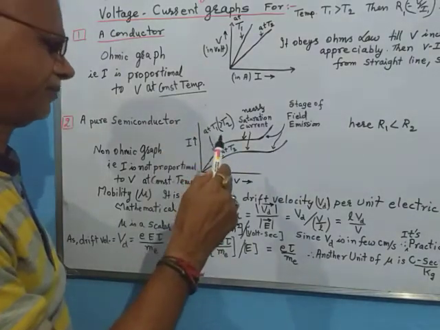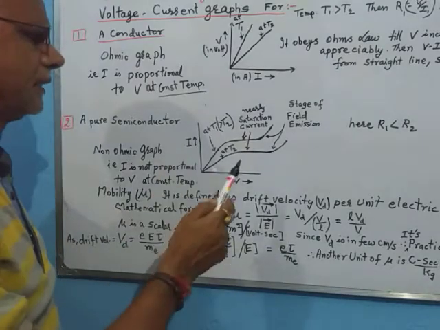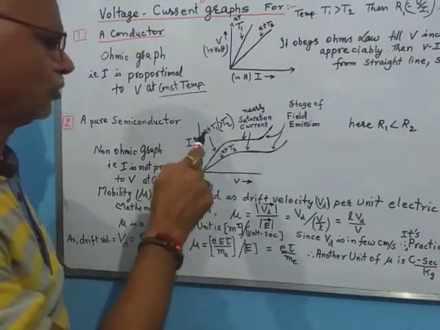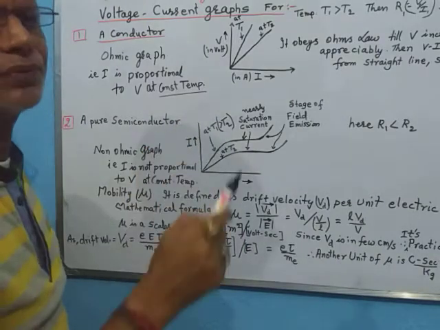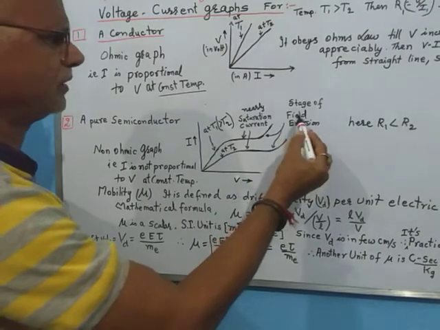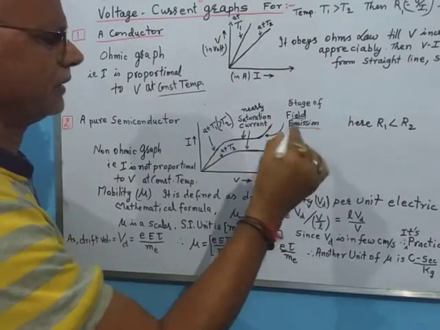But for a further increase in potential difference applied across the semiconductor, a situation may come when the electrons break out from their bonds under the influence of the applied electric field, and that is called field emission.